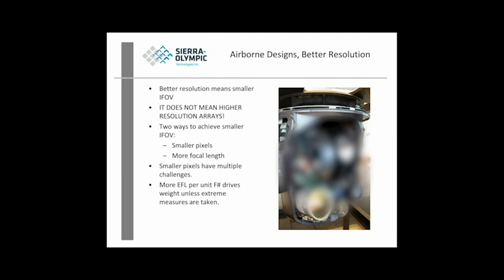You can see up there that we achieve more focal length with a folded telescope, using the same pixel size in this case, a 15 micron pixel, but using a folded telescope to get up to 800 millimeters of focal length. Those are the extreme challenges that you have to go through when you're developing a new payload that needs to push the realms of performance.